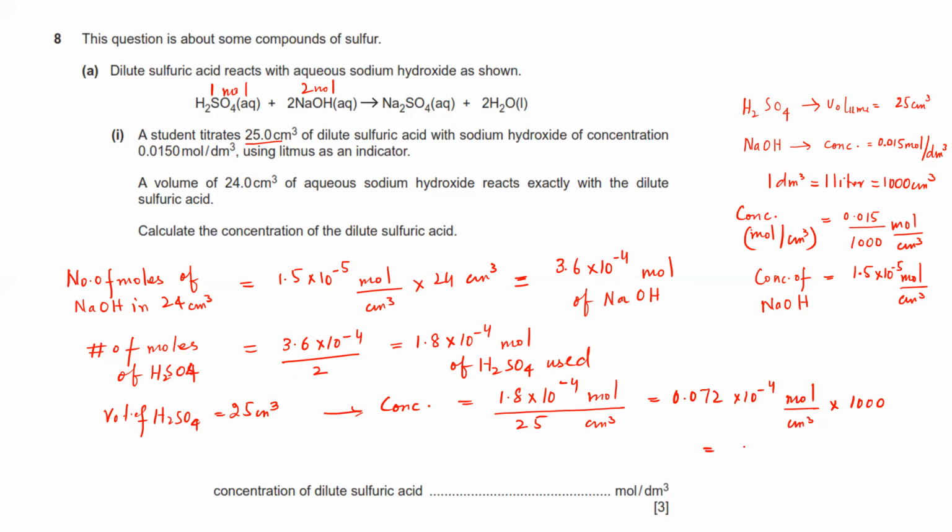So this is 7.2 into 10 to power minus 3 mole per decimeter cube. This is the concentration of sulfuric acid that is used.